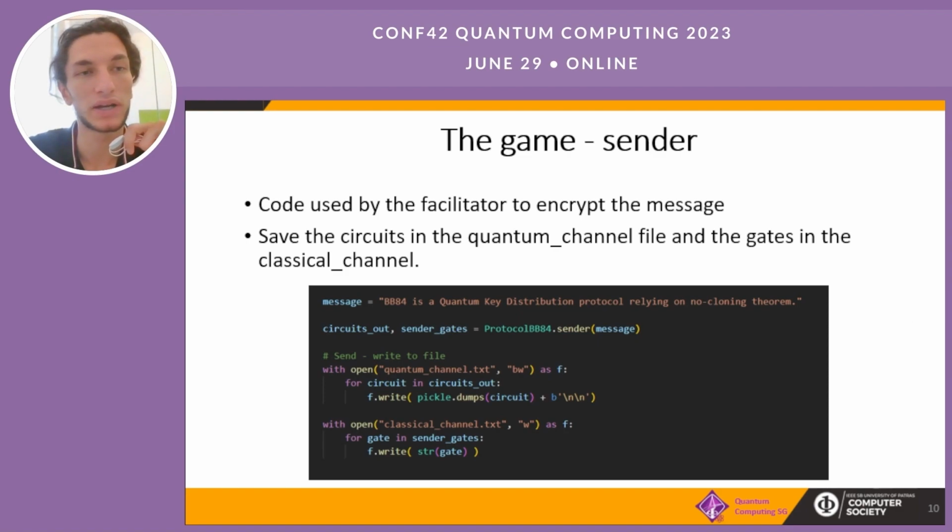Getting to the last part of my talk, how did I get from the program to the game? For that, instead of calling the main function, I called directly the sender method and saved the results, the lists of circuits and gates, in 2 files representing the 2 channels, respectively quantum and classical for the circuits and gates in each one.